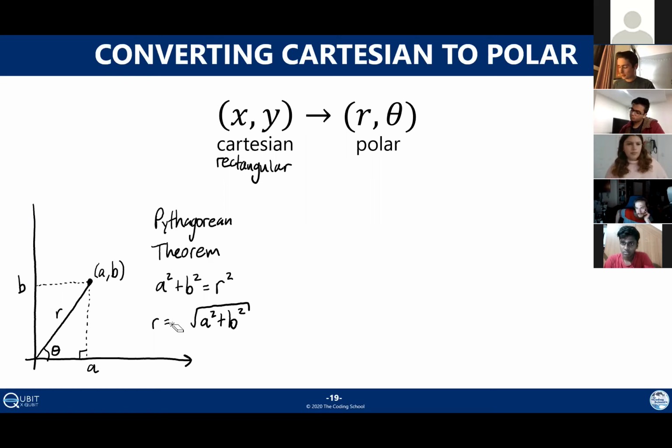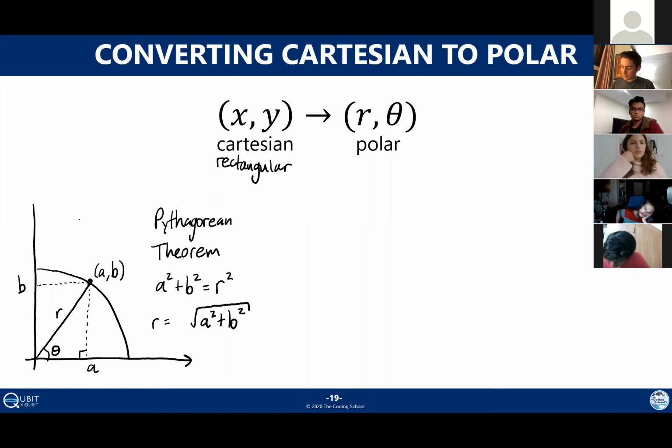Well, for theta, we are going to use a little bit of trigonometry, some of the stuff we just learned. The first thing that I will note here is the definition of a unit circle. Now, I know that we aren't exactly on a unit circle here, but I'm going to draw sort of the same diagram. So we have some kind of circle going around here like this.